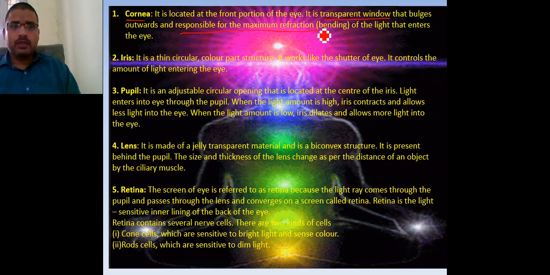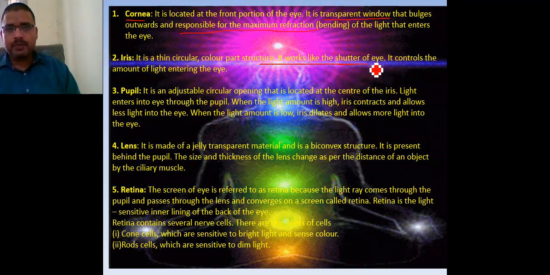There is an iris, as already told. The iris is a thin, circular, colored part of the structure. It works like a shutter of the eye. It controls the amount of light entering the eye. Once the light gets inside the cornea, not all the light is required.